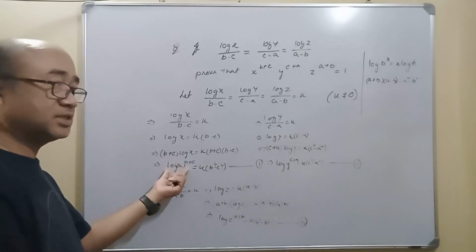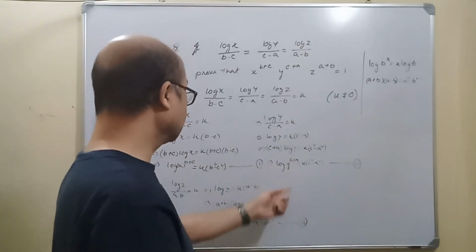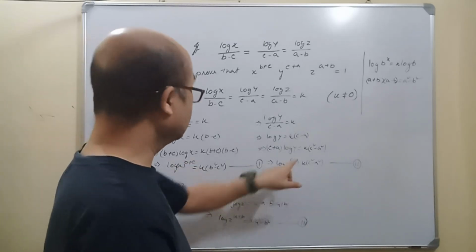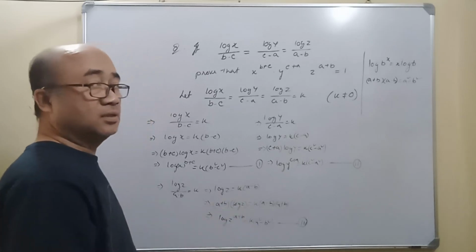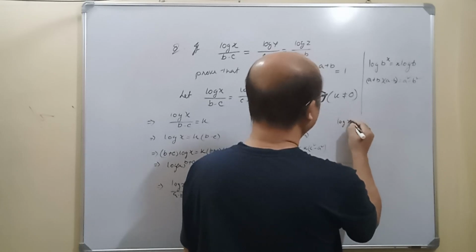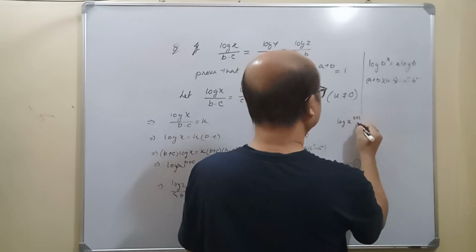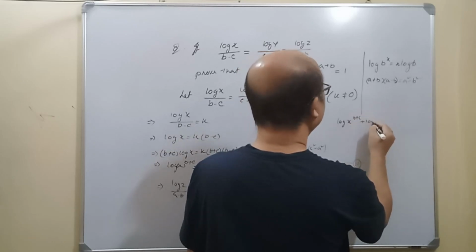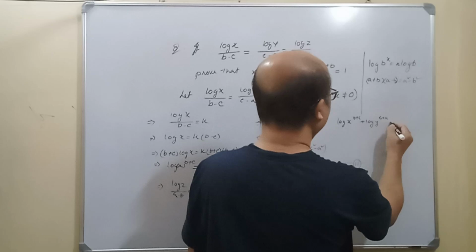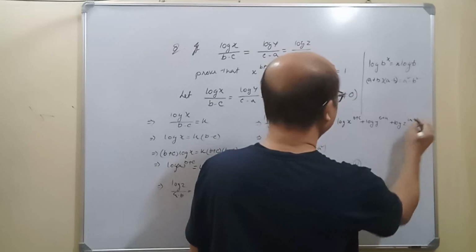We add the left hand sides first: log x to the power b plus c plus log y to the power c plus a plus log z to the power a plus b.